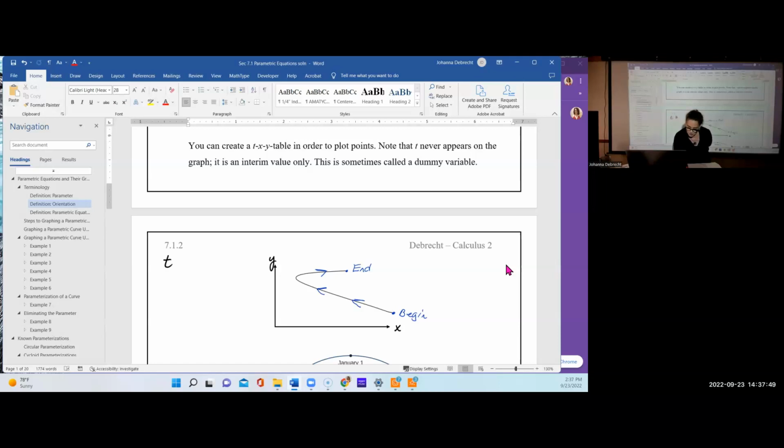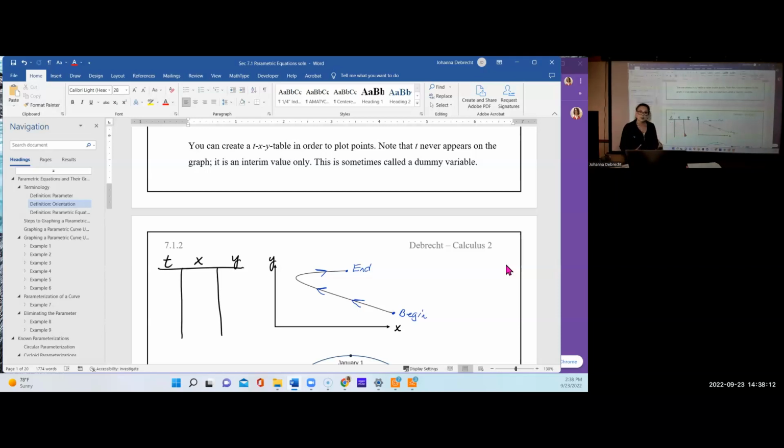So typically when we're preparing these, we'll prepare an x and a y column and a t column. And the t column is generally listed first because x depends on t and y depends on t. And once we have the t values, we'll compute the x values and the y values, and then the x, y values give us the coordinate.